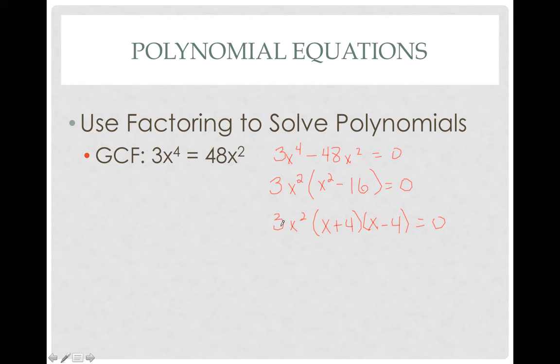And then we need to look at each separate piece to solve for 0. This piece is x equals 0. This piece, x equals negative 4. And this piece, x equals 4. So notice we get many answers. We get 3 answers here in this particular case.